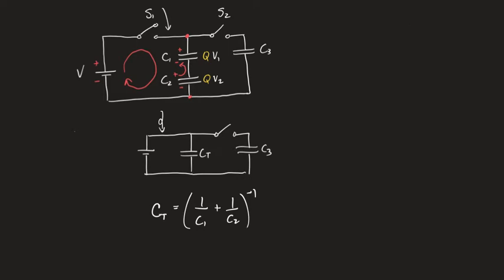Now, what they're going to attempt to do is ask not about this question all the way. They'll ask that as part A. But parts B through D are going to be what happens to the system when they close this switch, or what happens to the system when they open this switch and then close this switch afterwards?